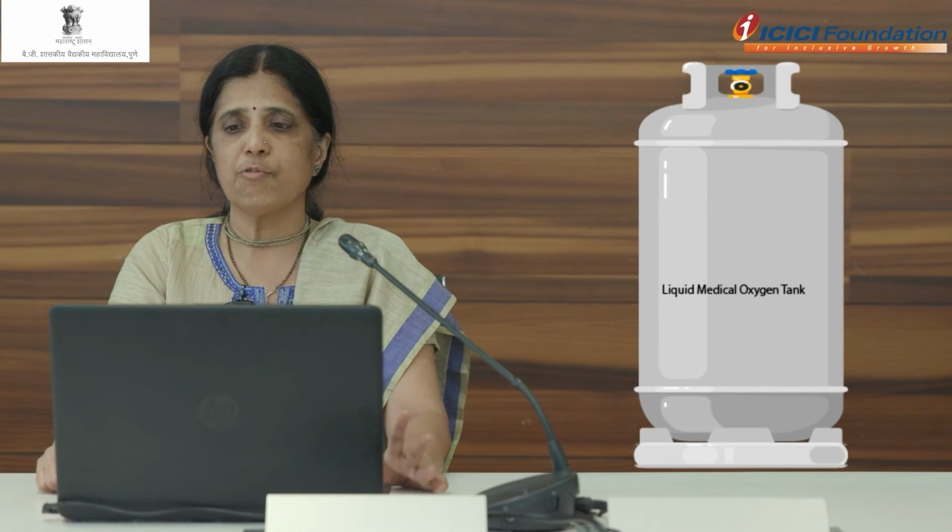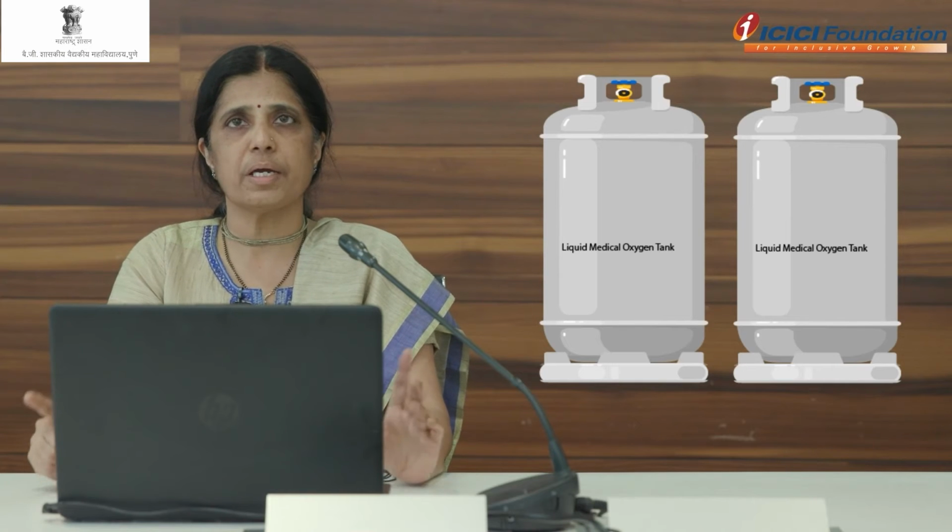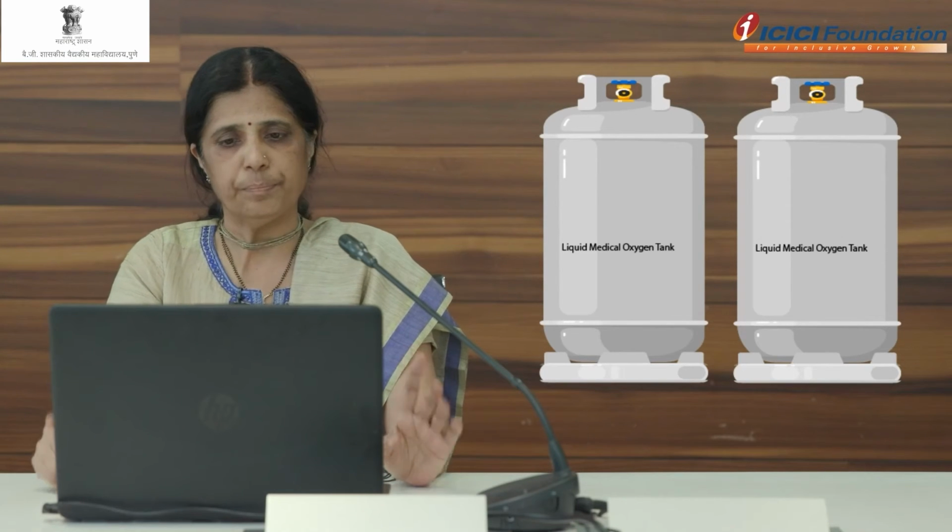Normally a space of 15 meters length and 9 meters width is required for one LMO tank. If you want to install an additional tank, extra space is required, and again PESO certification is required. This system also requires a proper hard paved road because the vehicle tank has to come to fill the LMO vessel.